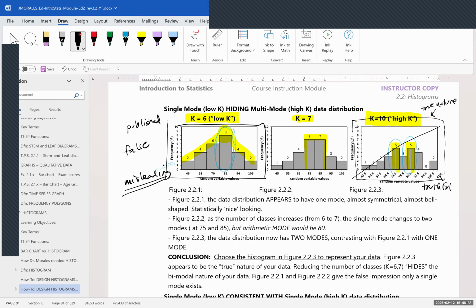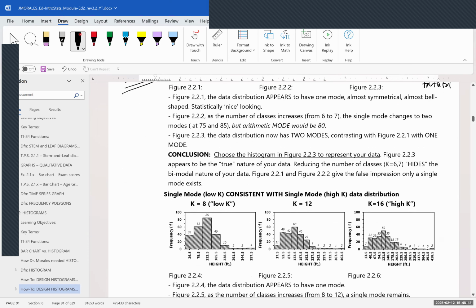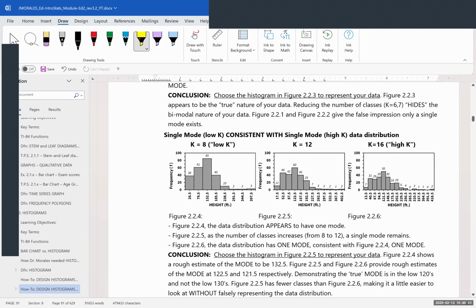By contrast, let's look at another example, again with a low number of classes and a high number of classes. And just like I pointed out before, with a low number of classes, we have one class which seems to have the highest frequency. So we have a single mode. When we increase the number of classes, again, we have a single mode.